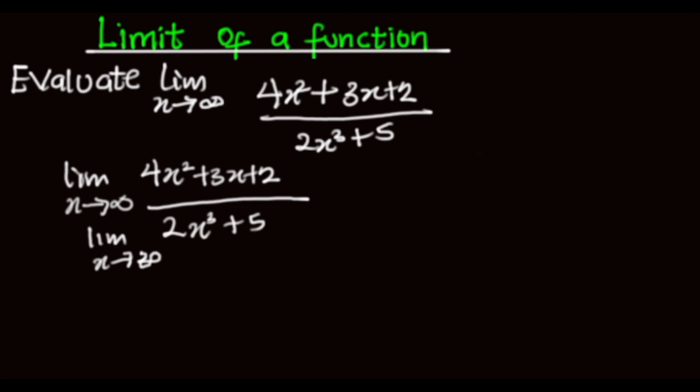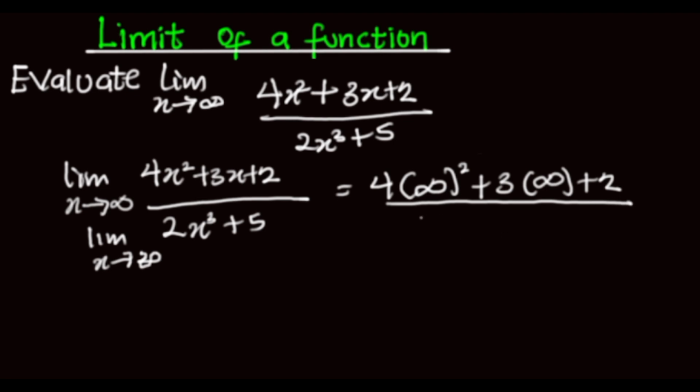Using direct substitution, basically we are going to have this equal to 4 into bracket infinity squared, then plus 3 into bracket infinity, plus 2, divided by 2 into bracket infinity cube, then plus 5. Now what does infinity mean?